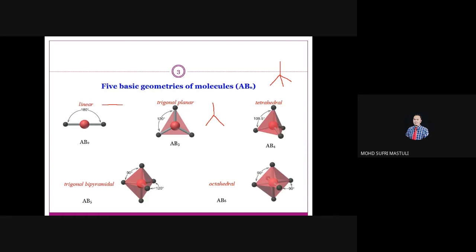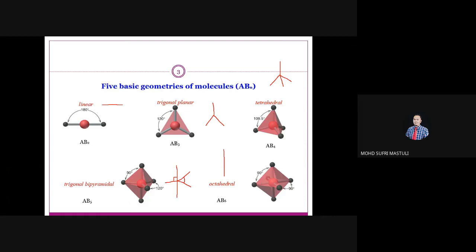And how to draw the trigonal bipyramidal, straight line, and then in the middle, this looks like a trigonal planar, like this. This is 90 degree, and this one 120 degree. And last but not least, you should be able to draw octahedral.